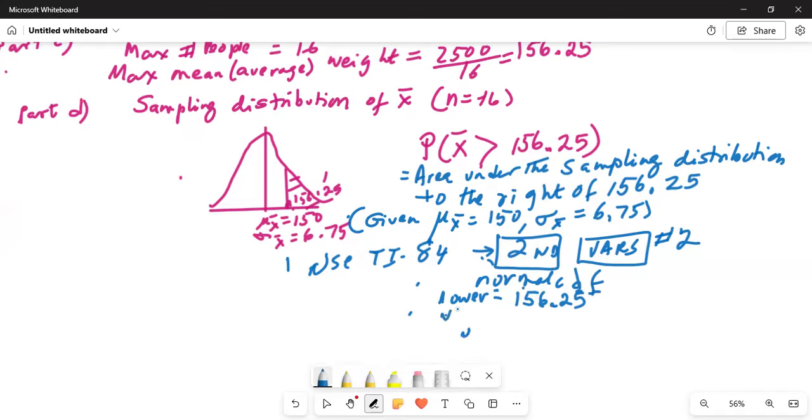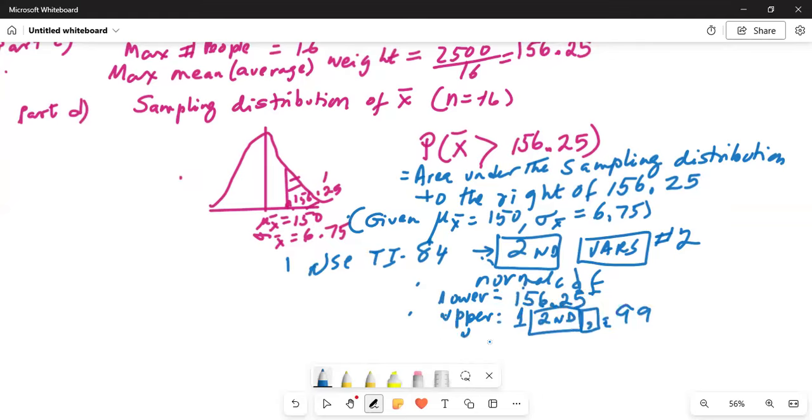My upper is a very large number on the right. I'll type 1, then the second button, then the comma button, which gives me the small E. E stands for exponent. Then I type 99 after that. What does it mean? 1 followed by 99 zeros. This is as if the curve extends to a very large number on the right.